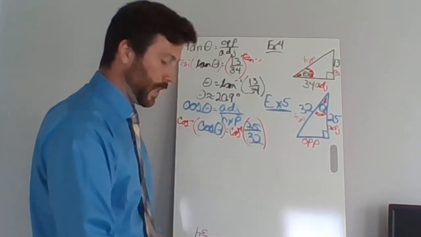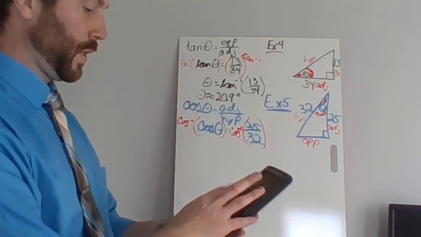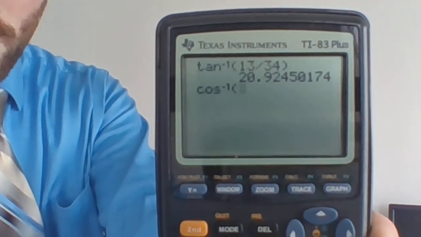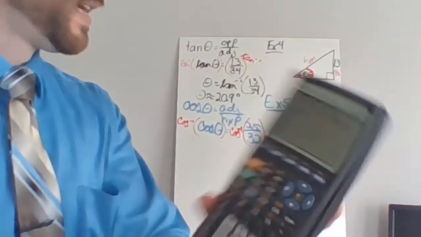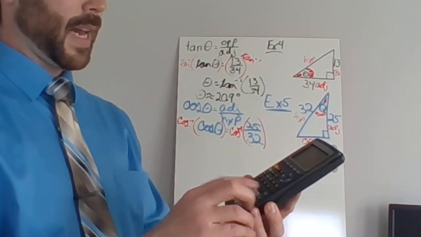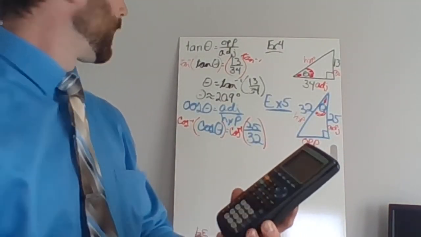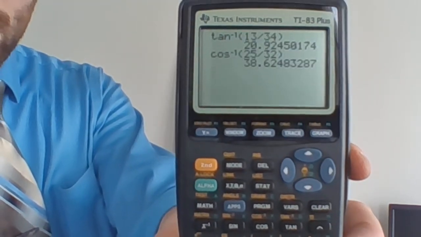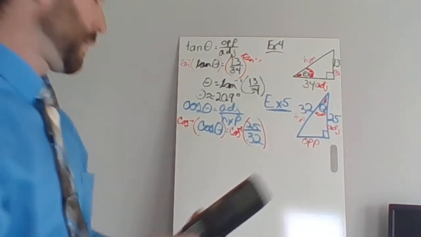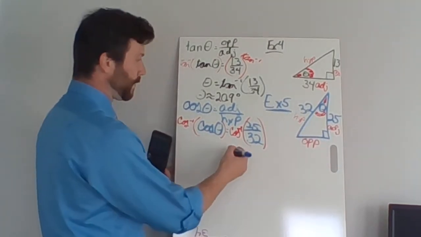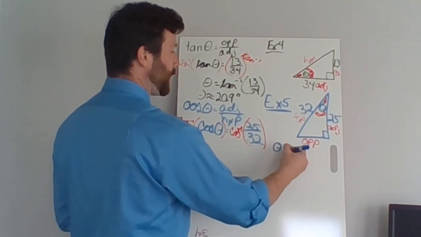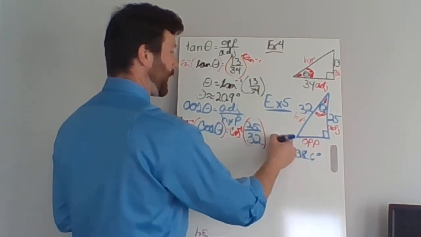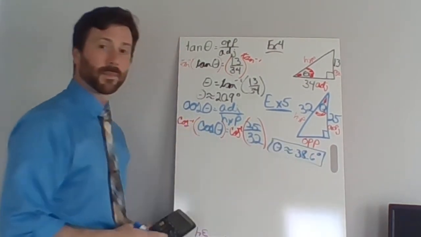So just like we did for tangent, we'll do second cosine, and it gives us cosine to the -1. That's inverse cosine. Then I type in 25 divided by 32. Press equals, and we get about 38.6. So we can say that theta is approximately 38.6 degrees. And there we go.